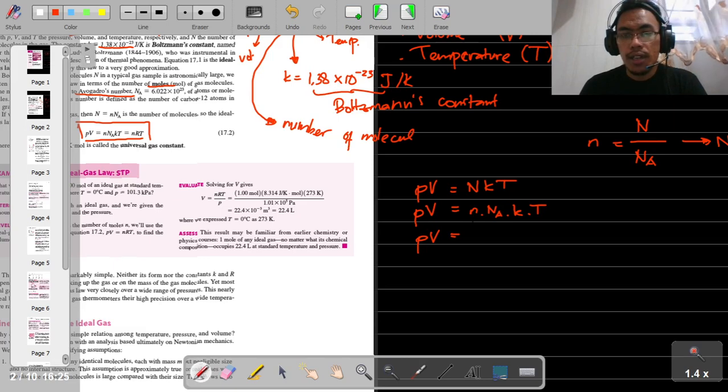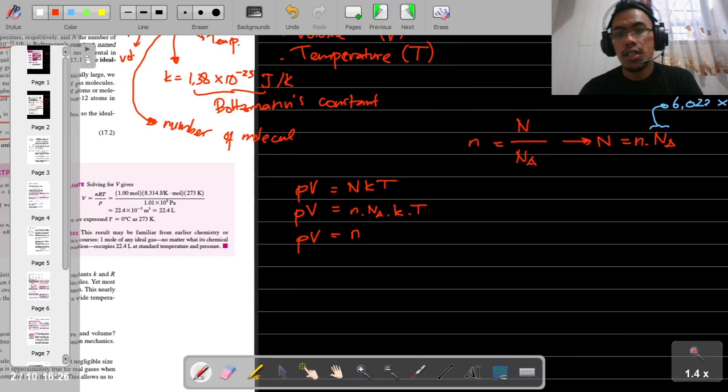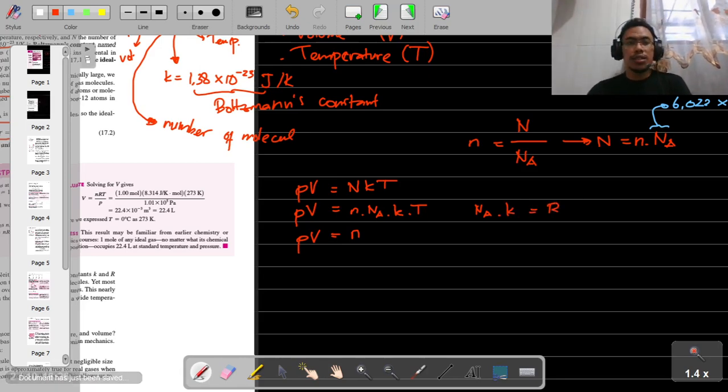The n stays here. If we multiply the Avogadro number with the Boltzmann constant, then we find the R value.